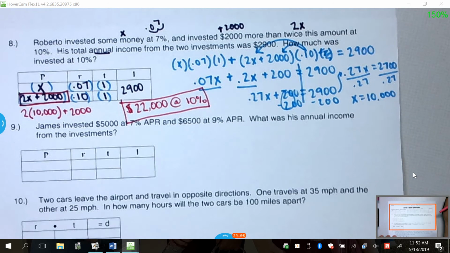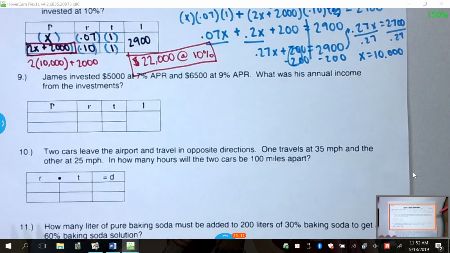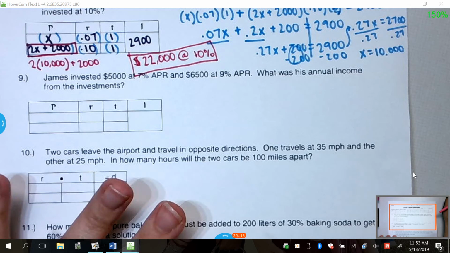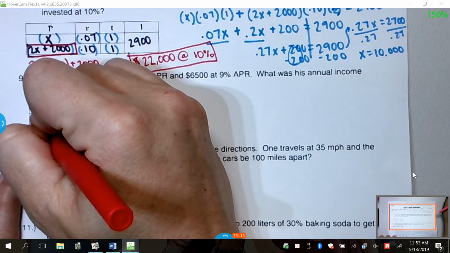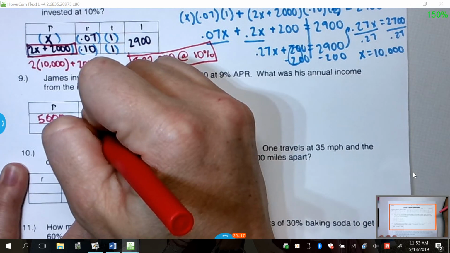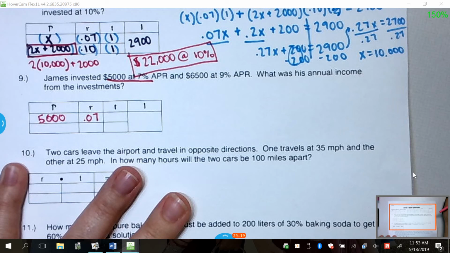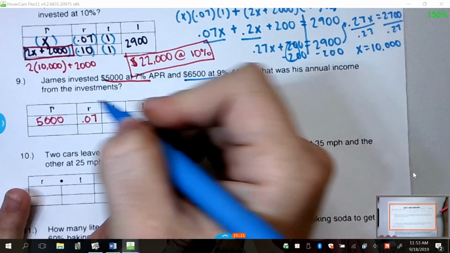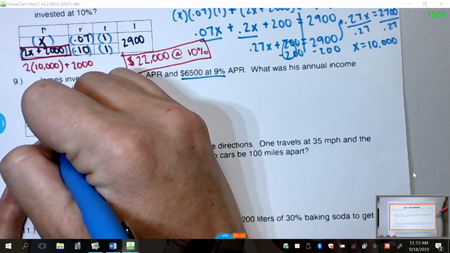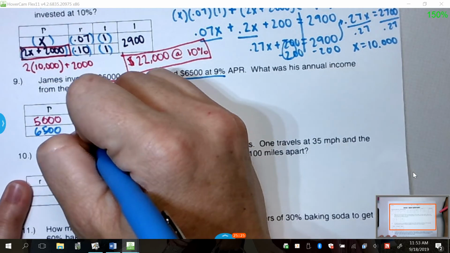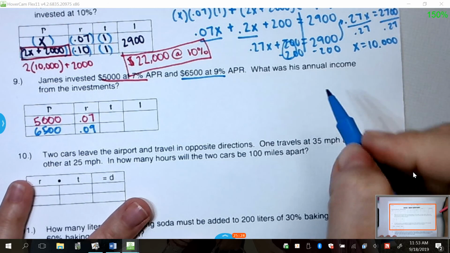Okay? So number 9 says, James invested $5,000 at 7%. It tells me straight up he invested $5,000 at 7%. And then it tells me he invested $6,500 at 9%. What was his annual income from this investment?